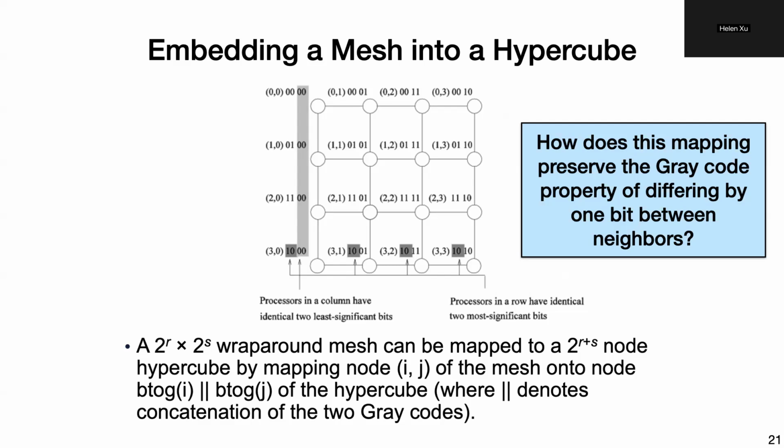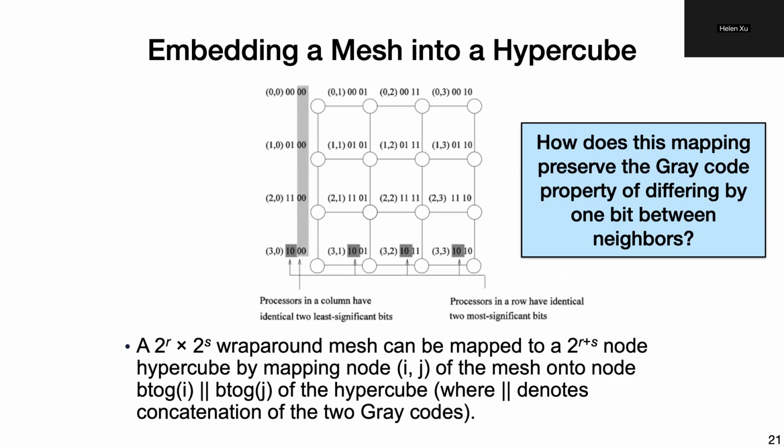Yes. So you want this property: the concatenation needs to be unique. So you need to cover the entire space of the nodes, and also all your neighbors in arbitrary dimensions need to map to something only one bit away from you. And that is true because of the property of gray codes.